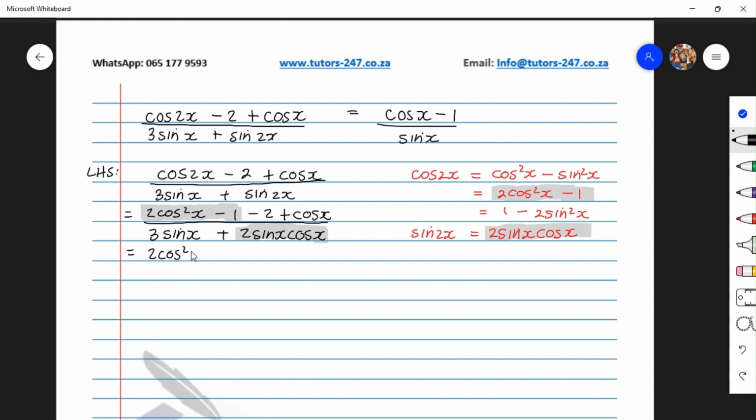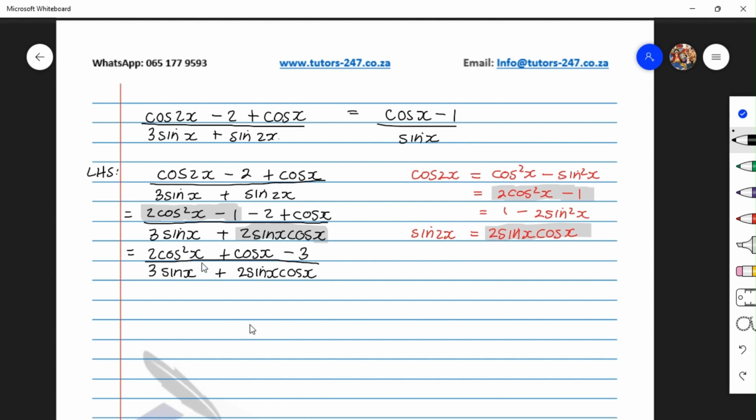So 2 cos squared of x plus cos x, -1 minus 2 gives us -3, and that is all over 3 sine x plus 2 sine x cos x.